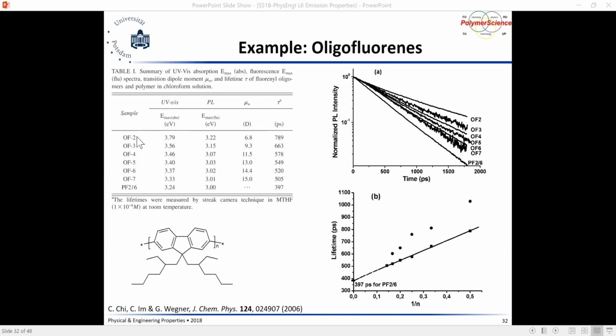And what it shows is that as we increase the number of repeating units in the oligomer, the radiative lifetime becomes smaller.